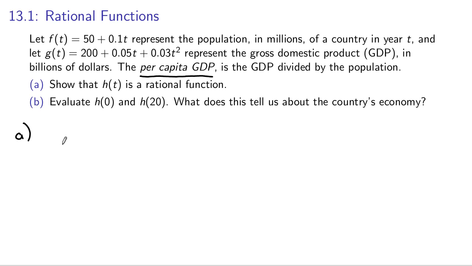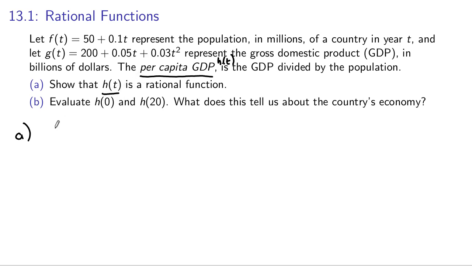So h of t would be the per capita GDP, which is, I think, what is implied here. The per capita GDP h of t is the GDP divided by the population.